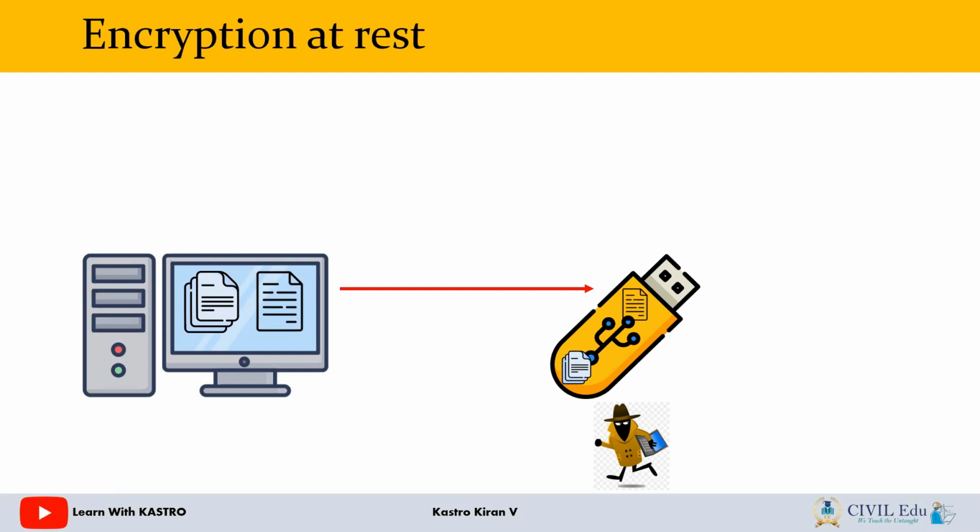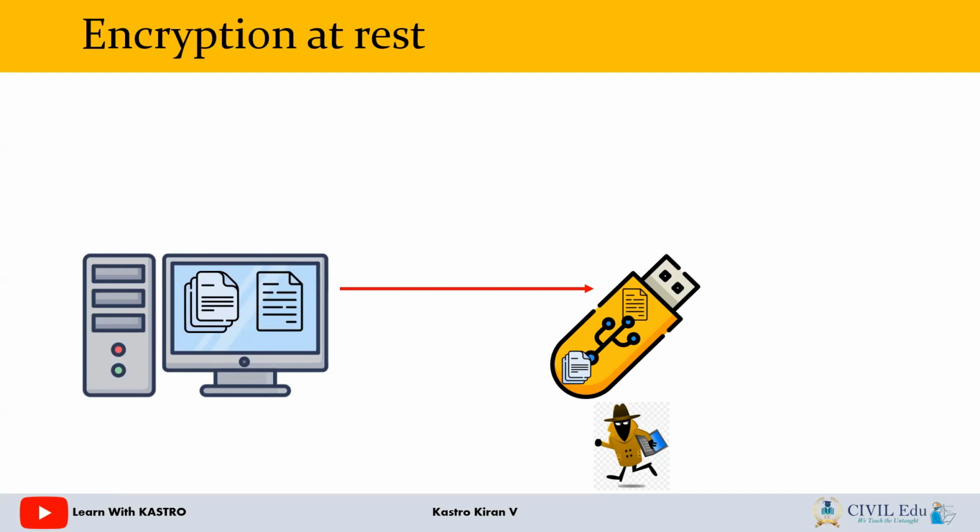Now, here comes the actual problem. What is the actual problem? The actual problem is you're keeping the most important data in the pen drive, and that data is understandable by any human. Suppose you have kept some files in the pen drive, and when the person opens them, they can easily read the data that is available in the pen drive.